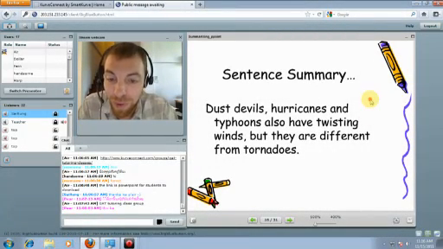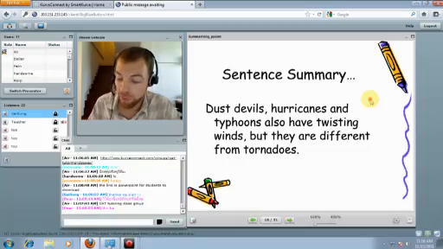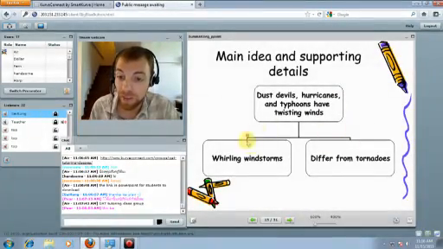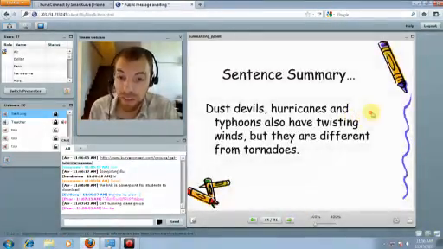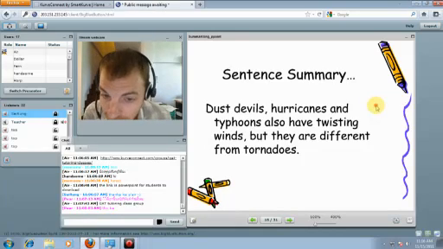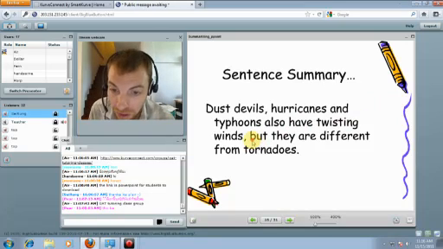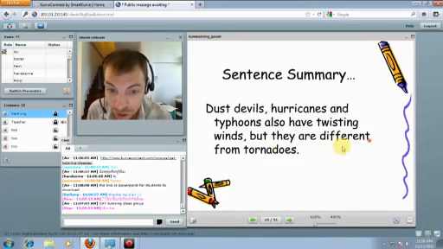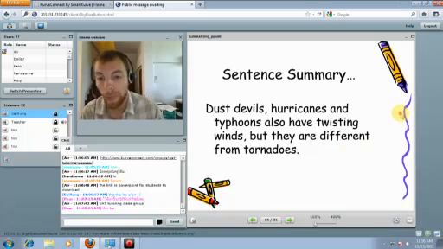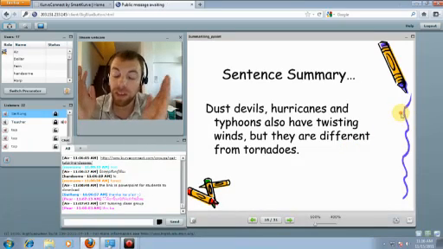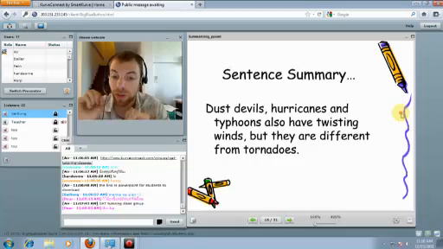Next one. Here we're going to summarize. We're going to make this into one sentence. And the sentence is, dust devils, hurricanes, and typhoons also have twisting winds, but they are different from tornadoes. Very easy, very clear, very short.